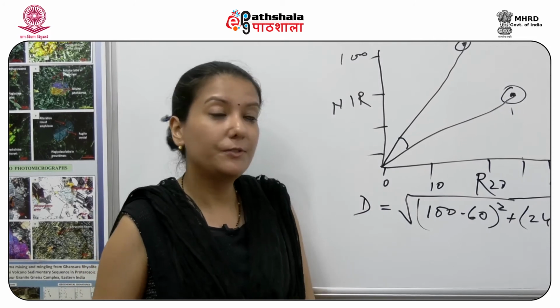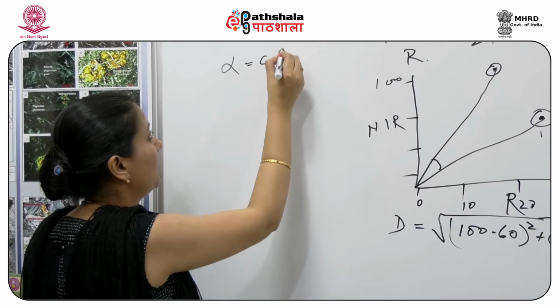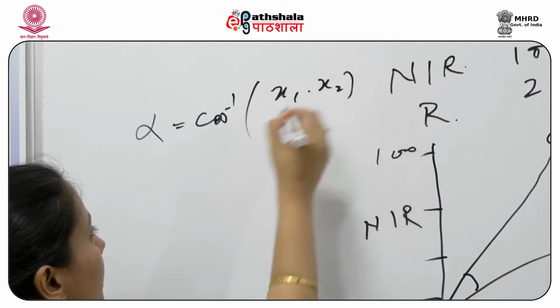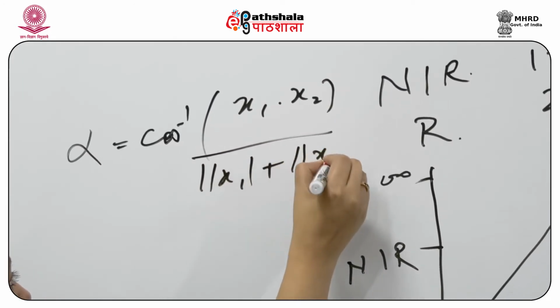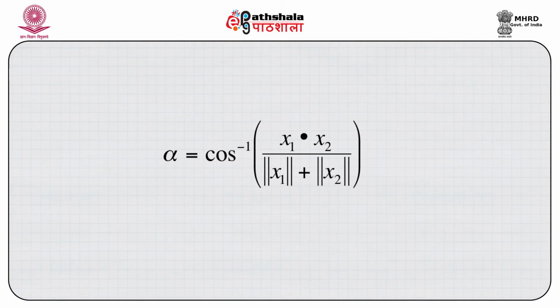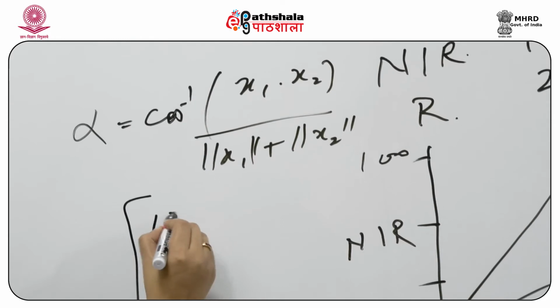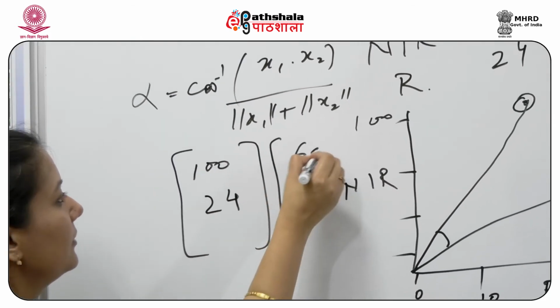So we use a formula where alpha is equal to cos inverse of the dot product of x1 and x2 upon the product of their lengths. So here the dot product of x1 and x2 will be represented by matrix multiplication of this and this.